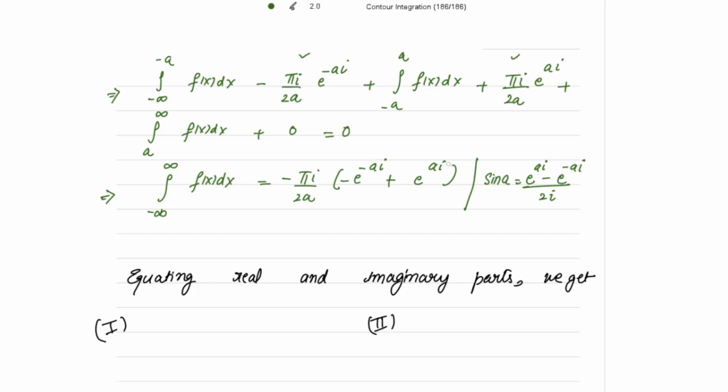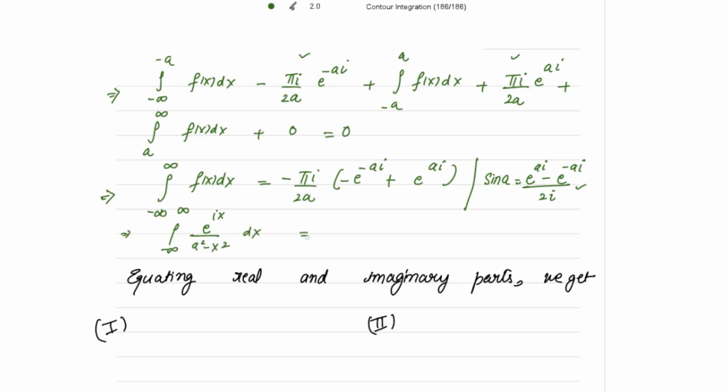Now putting the value of this from this formula, I get the integral from minus infinity to infinity, writing the value of f of x as e to the power iota x over a square minus x square dx.